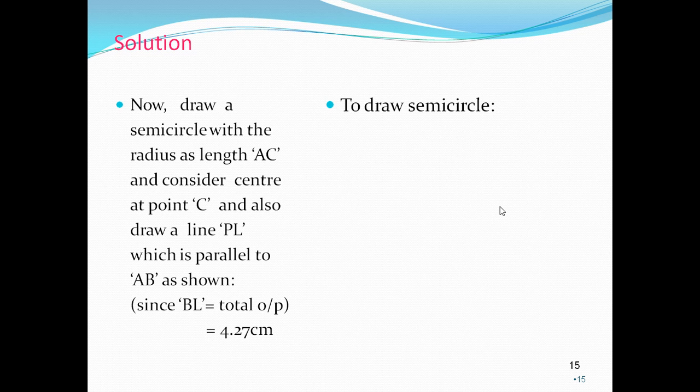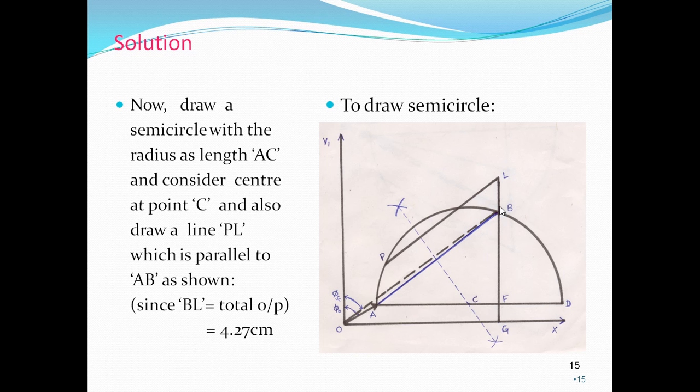Now to draw a semicircle with radius equal to AC, consider center at point C, and also draw a line PL which is parallel to AB as shown in the figure.